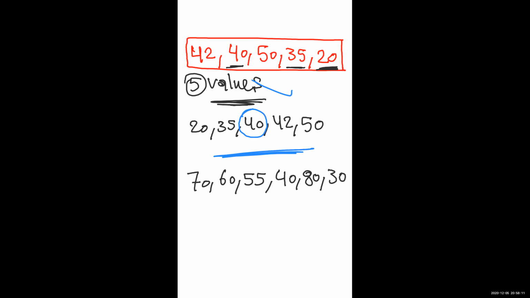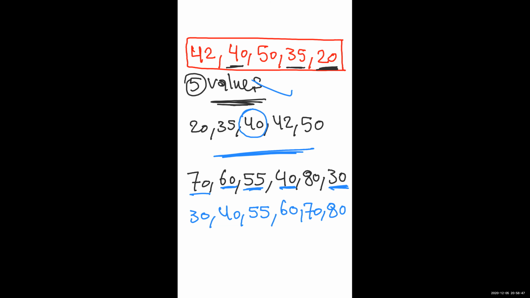In this case, the first step is common between the two methods. So I have to arrange first. The smallest value is 30, then 40, then 55, then 60, then 70, then 80.